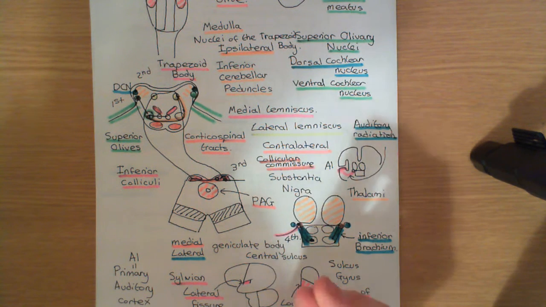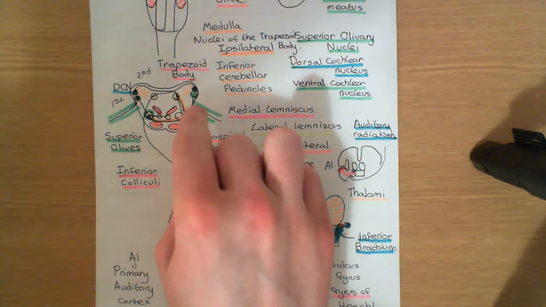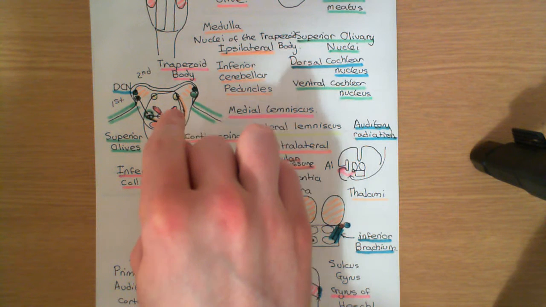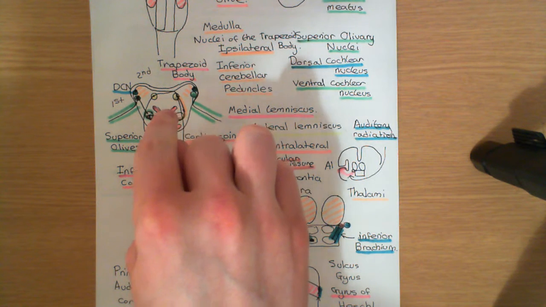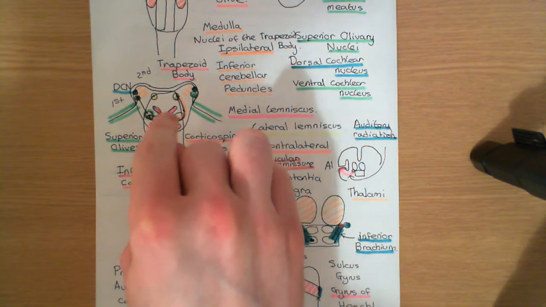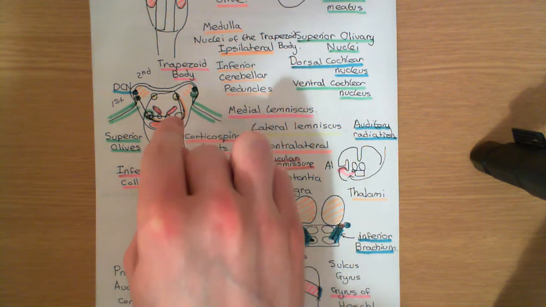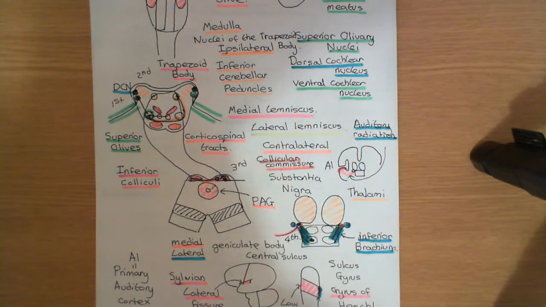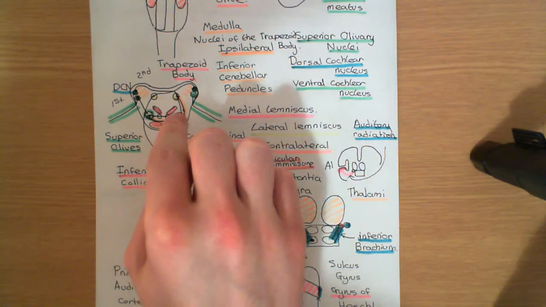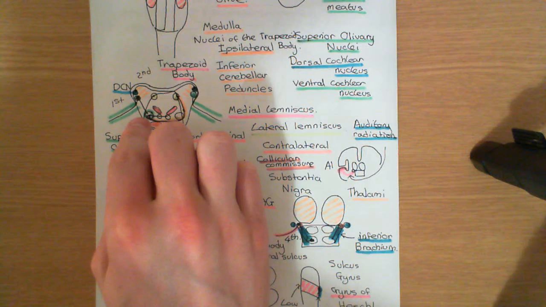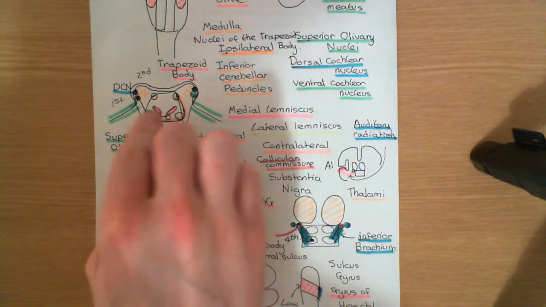How are we going to block the same thing happening on the left hand side? Well, we're also going to be activating neurons in the ventral cochlear nucleus here, which are then going to be sending their axons into the superior olivary nucleus on the left hand side here. And they're going to be exciting this left superior olive. The left superior olive has been activated first and more strongly than the right superior olive here, and that means that it's going to win this fight.